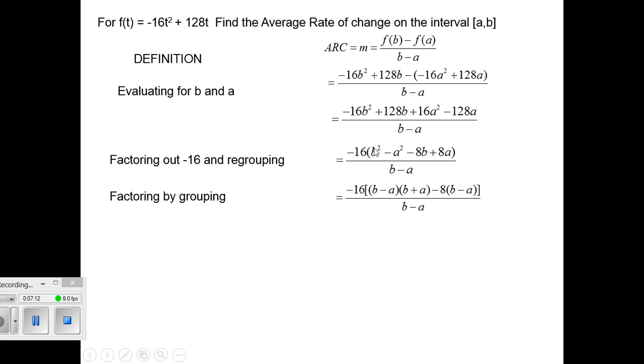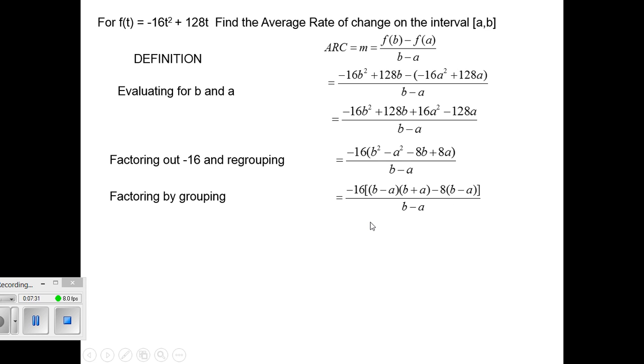So here are the difference of squares factors as shown, okay? And then negative 8 comes out, making this b minus a. Now, the numerator contains a common binomial factor in the form of b minus a, okay?